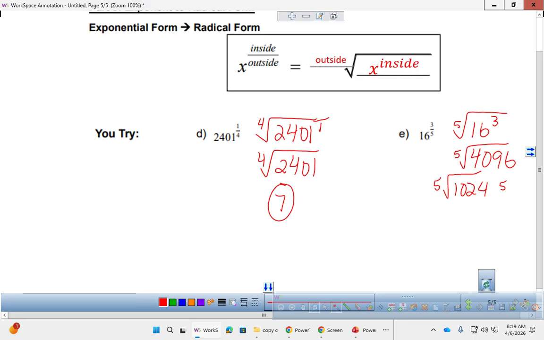And what is the 5th root of 1024? So 4 times the 5th root of 4. Exponential form is 16 to the 3/5. Simplified radical form is 4 times the 5th root of 4. You okay with that?